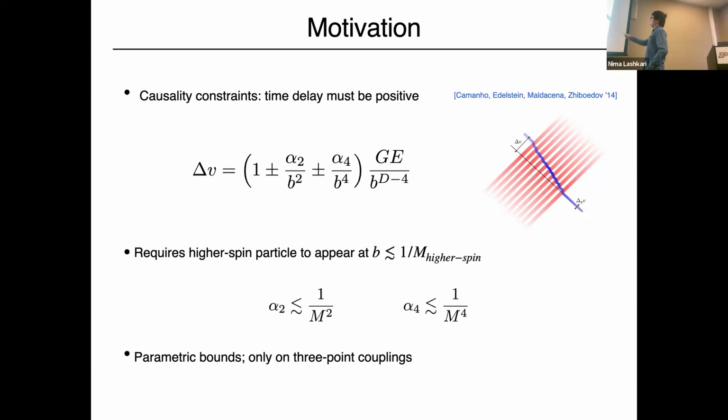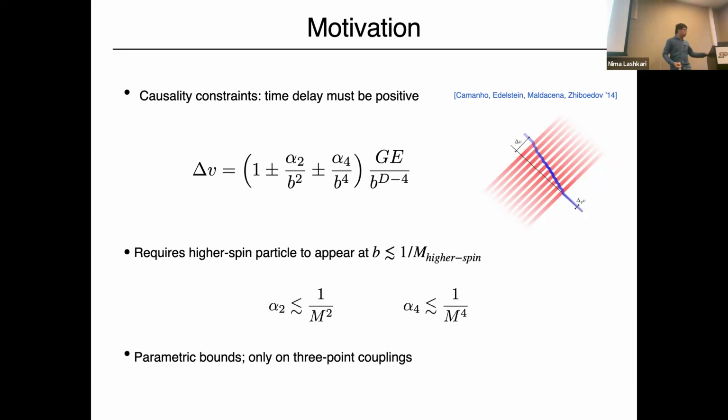In this work, the authors consider a scattering experiment where a graviton passes through a shockwave background, and when a graviton goes through this background, it's going to experience some time delay, which I wrote right here as delta V. Because of causality, the time delay had better be positive. You don't want things to come out before they come in. So this thing has to be positive.